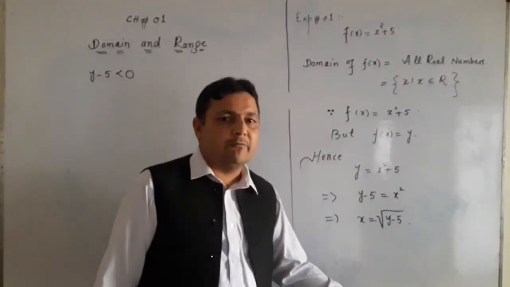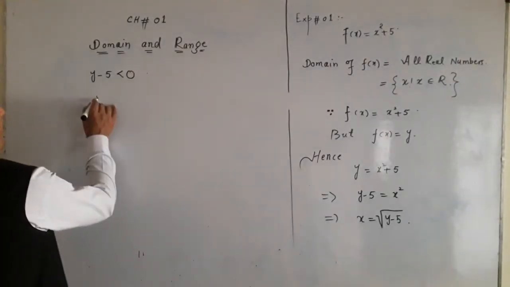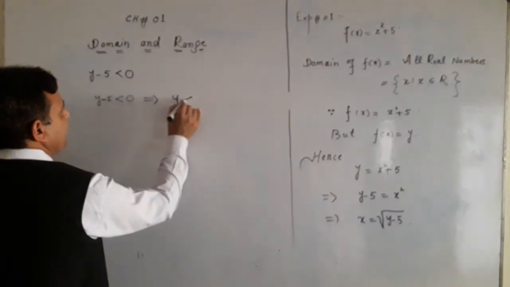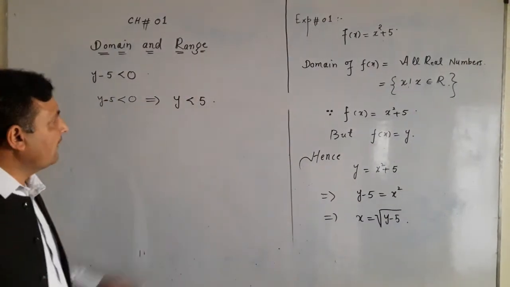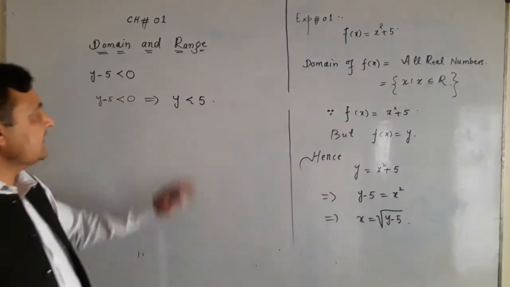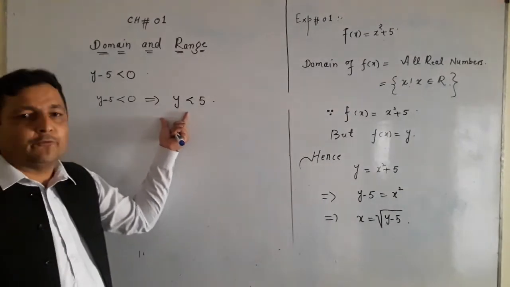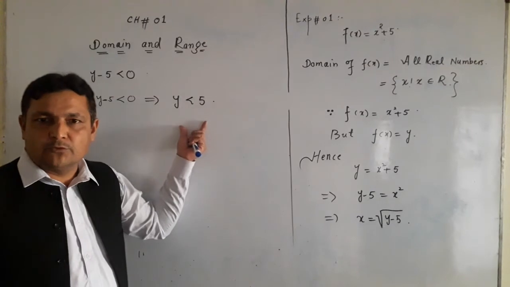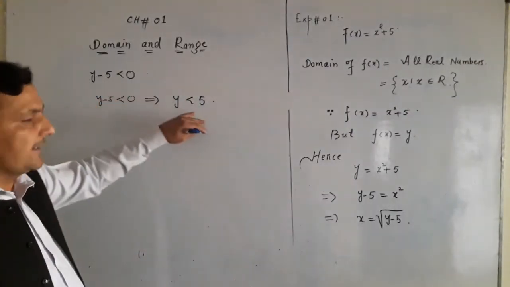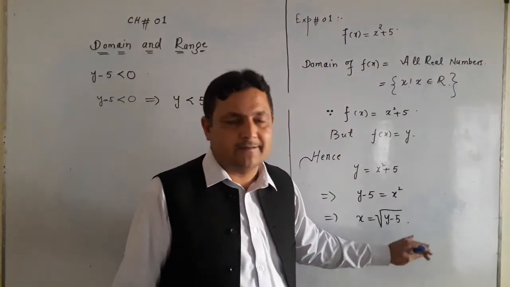It becomes an imaginary number. That is, y minus 5 is less than 0 implies that y is less than 5. We cannot put y equal to 4, 3, 2, or 0, because it gives us a negative result, and the square root of a negative is not a real number.